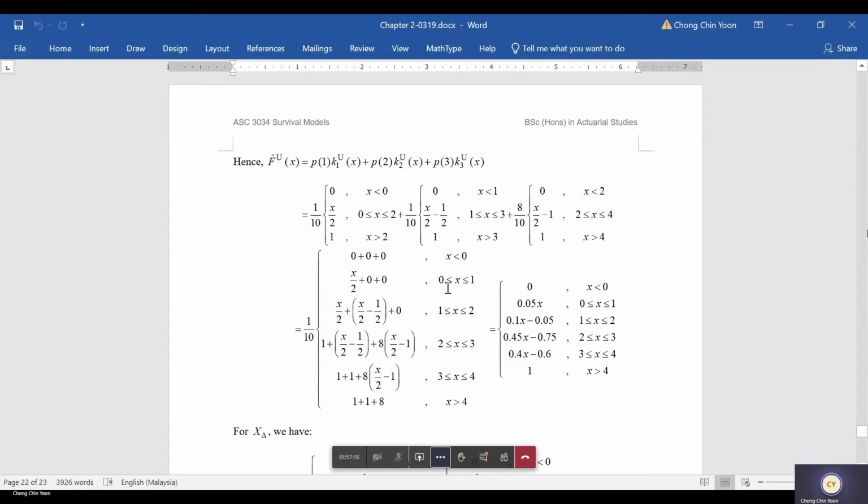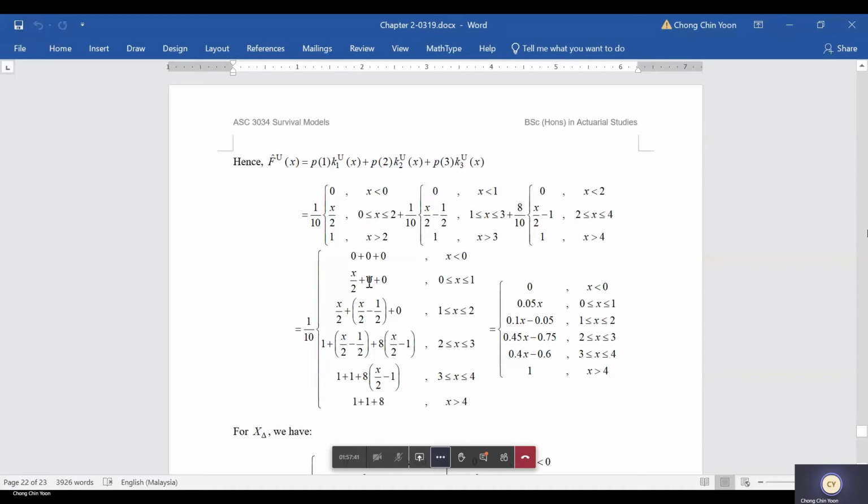If it is 0 to 1 here, of course this piece will be considered. That is here, x over 2. Whatever the interval from 0 to 1, for the second piecewise function here, that is 0.